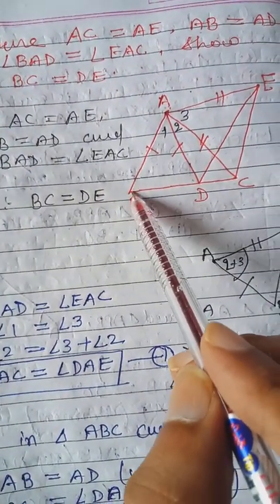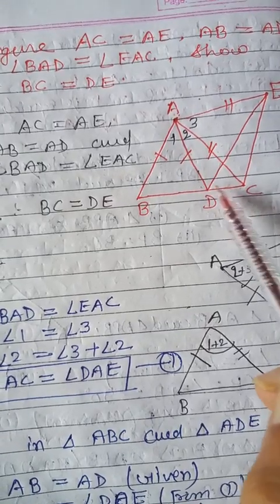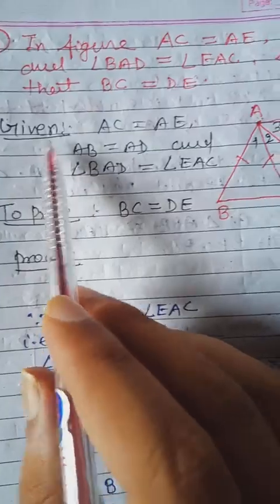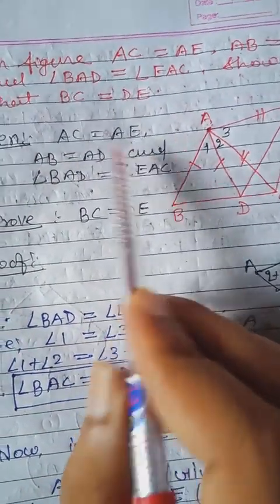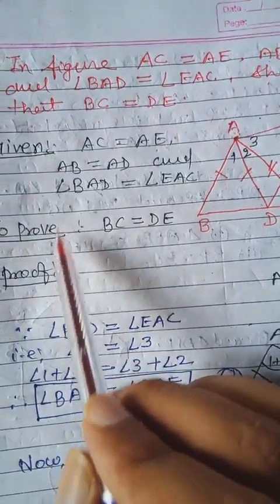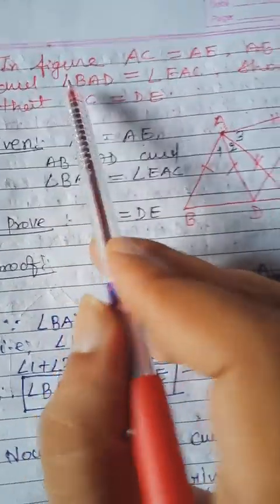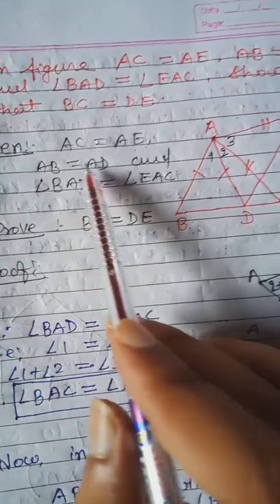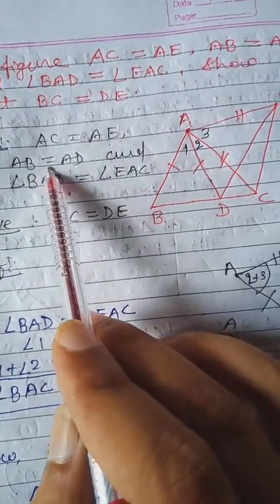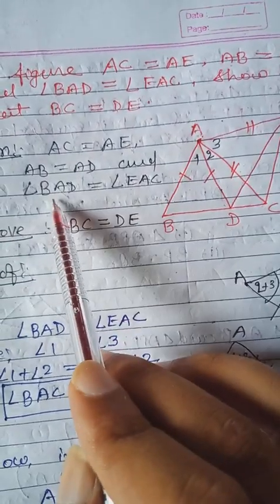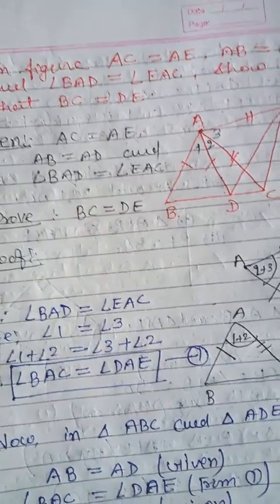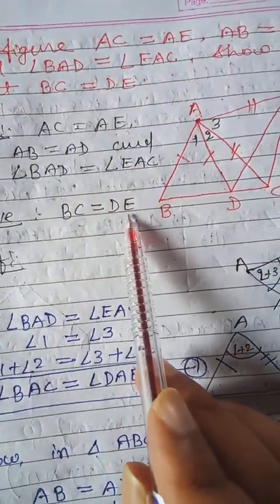So now it is given AC is equal to AE, AB is equal to AD, and angle BAD is equal to angle EAC. Now to prove BC is equal to DE.